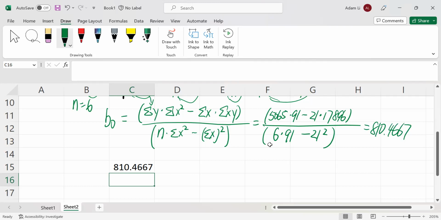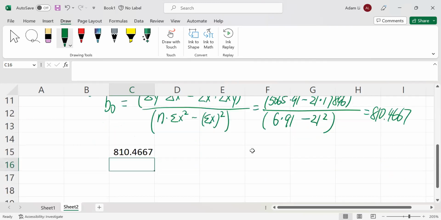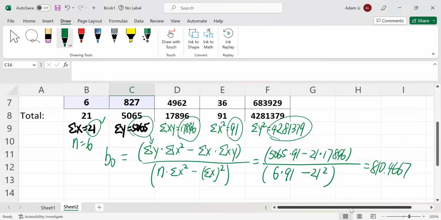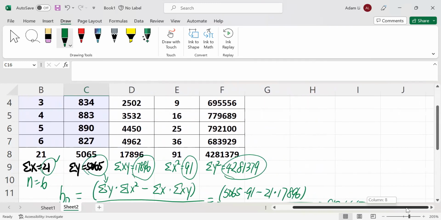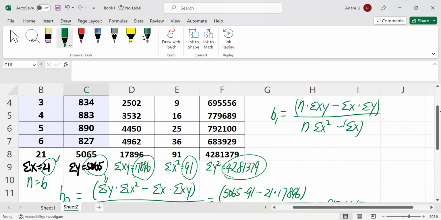You also need to find out the B1. I guess I'll put a B1 on the side. So the B1 is equal to N times total of XY minus total of X times total of Y. On the bottom is N times total of X squared minus total of X, squared.